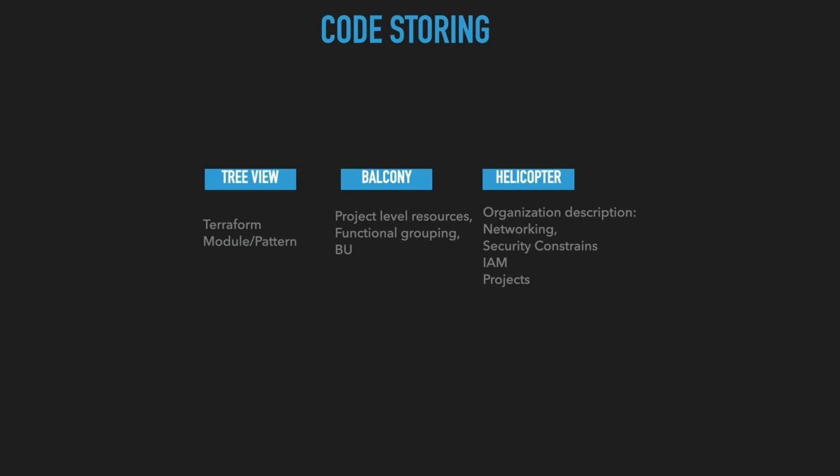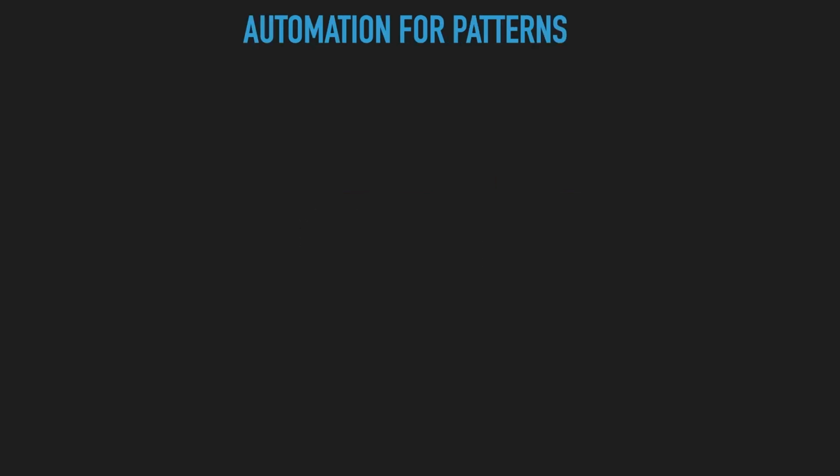Yeah, so is there any way to make it even simpler to manage? Well, we have different repositories. That's great. We have managed this separation of duties. But how can we actually make life easier? The automation for patterns.